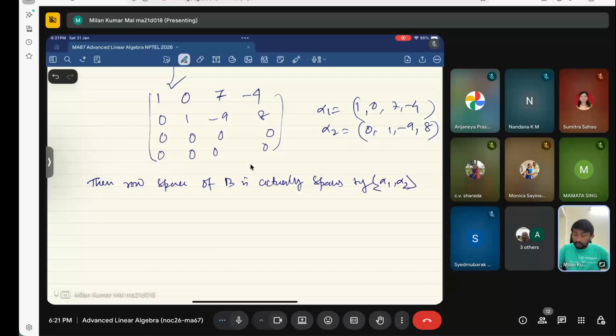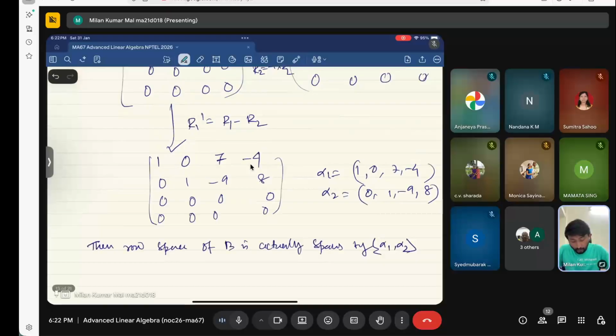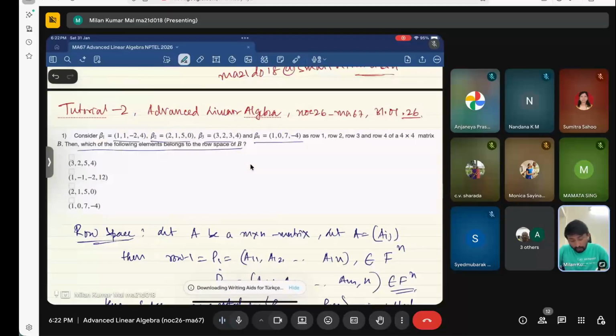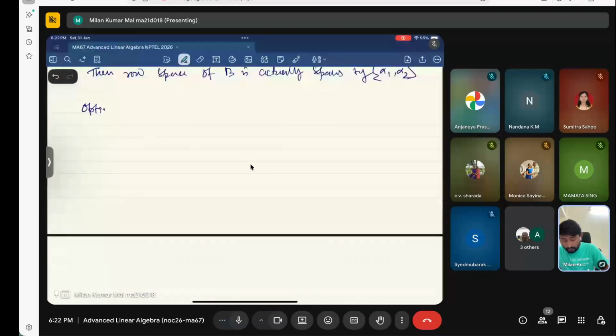Now if you look at the terms here, it is given that 3 2 5 4, 1 minus 1, this is already there. We can look at 1 0 7 minus 4, this is there. So whether the other terms are there or not, for the sake of simplicity I will write the options. One option is 3, 2, 5, 4.